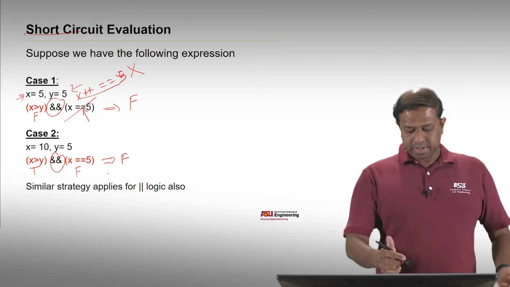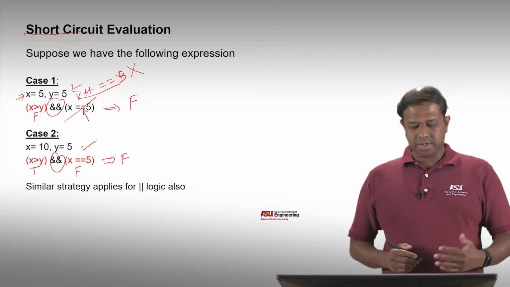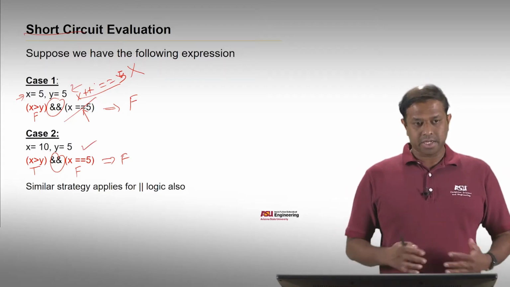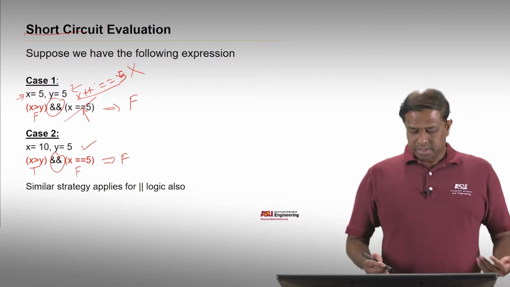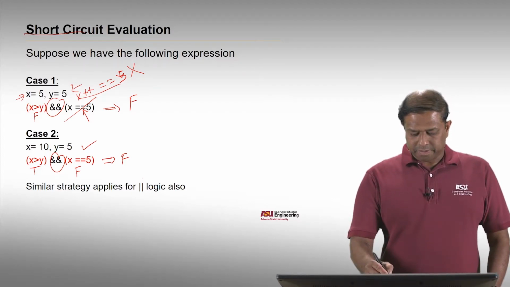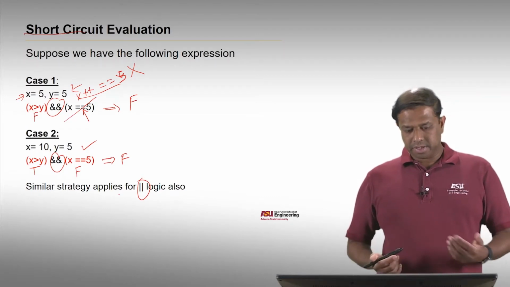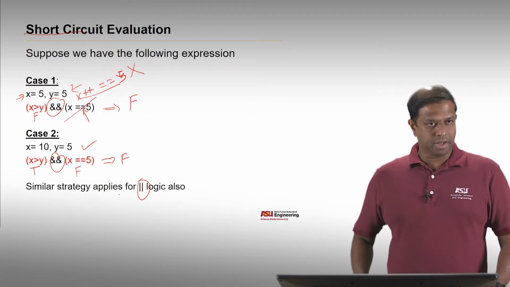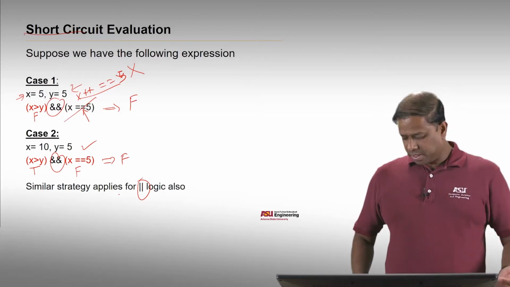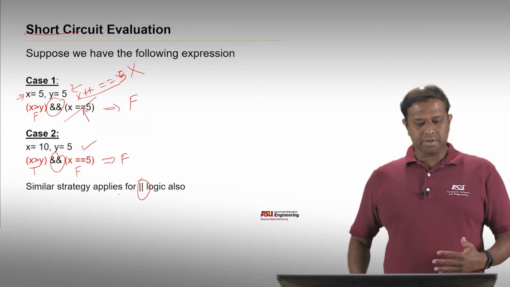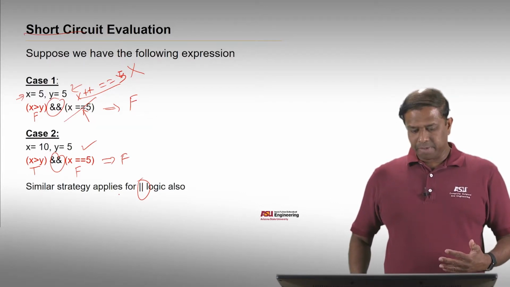So this is a case where we cannot do a short circuit, but in the other case a short circuit can happen. The same strategy applies for OR logic as well as the combination of AND logic and OR logic, so we have to make sure that we have some idea about how this works, okay?